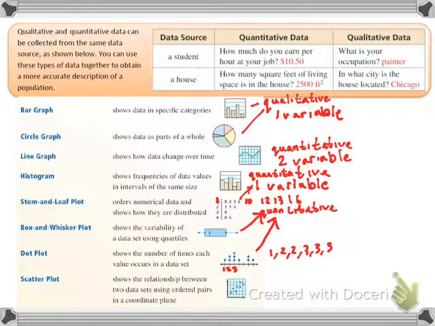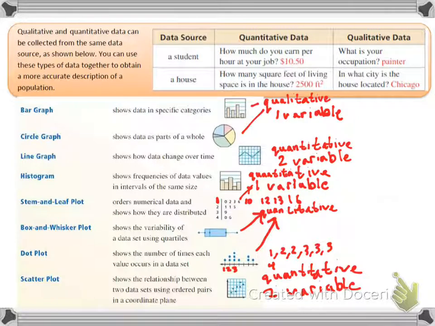And then I'd only have 1 4. But that's how the dot plot shows it. Scatter plot is also quantitative, and it's going to be 2 variable. One is going to be our x variable, one is going to be our y variable.